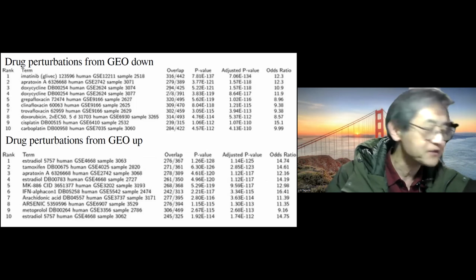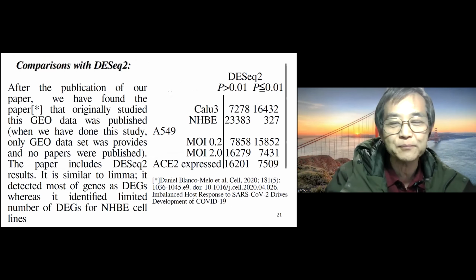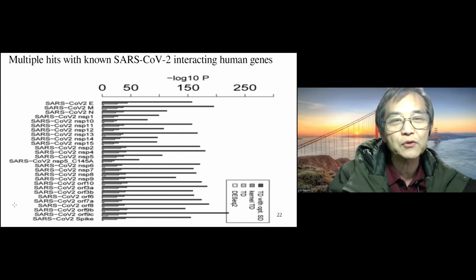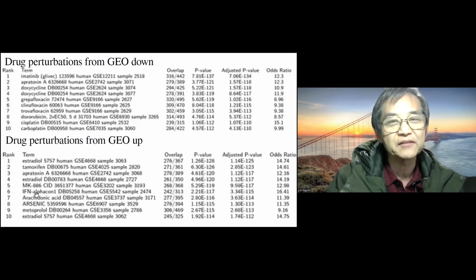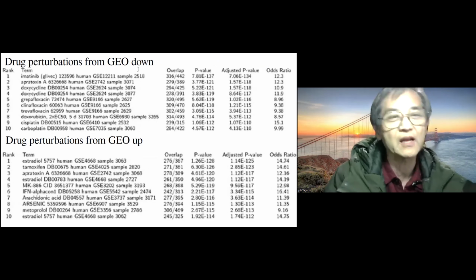Then we can select drugs using this data. How can we do this? It is very simple. We have selected promising 3,700 genes, and we will try to see which drugs target these genes. There are several databases, but in this case we have used the Gene Expression Omnibus based drug databases.